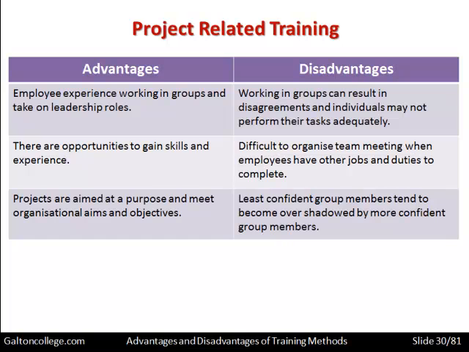However, least confident group members tend to become overshadowed by more confident group members. Whenever people work in teams, some people become dominant, others become followers. And to that end, they become branded as followers and others become dominant and focal and leaders.